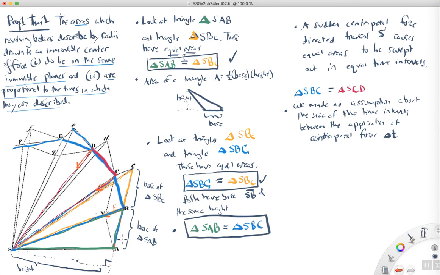So we said we're going to wait a time delta t, apply a force, wait another time delta t, apply a force, wait another time delta t, apply a force.